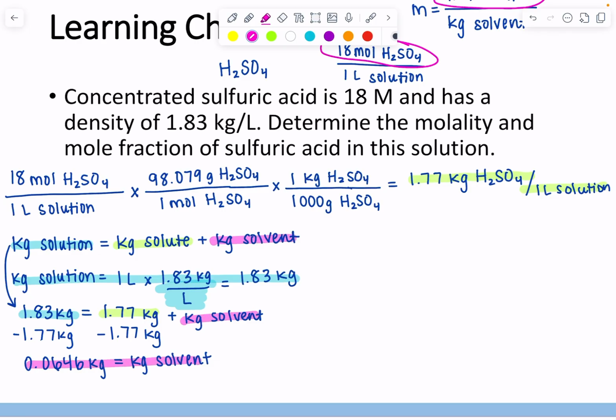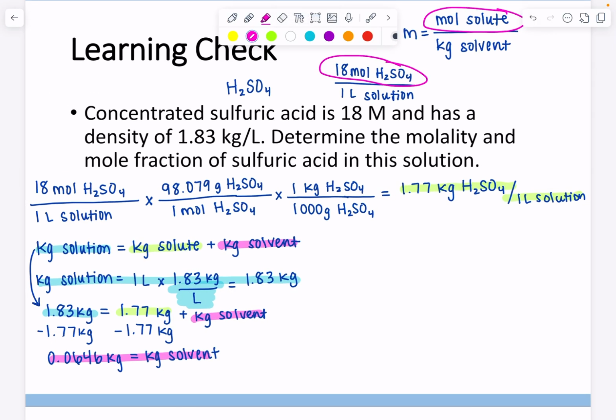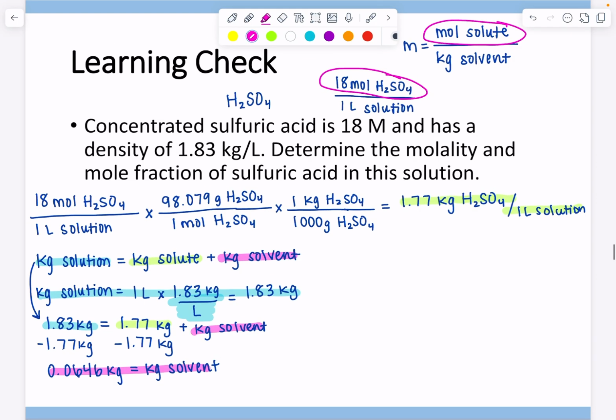So here we've calculated kilograms of solvent. So now to find molality, which is again moles of solute, moles of H2SO4, divided by kilograms of solvent.